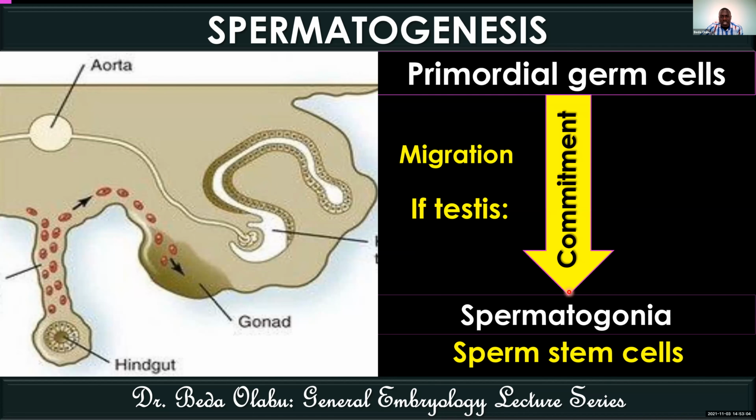This process takes place before birth, and that is phase 1 of gametogenesis. So the cells have migrated from the wall of the yolk sac and have invaded the indifferent developing gonad. If the gonad becomes the testis, then these ones will become spermatogonia.